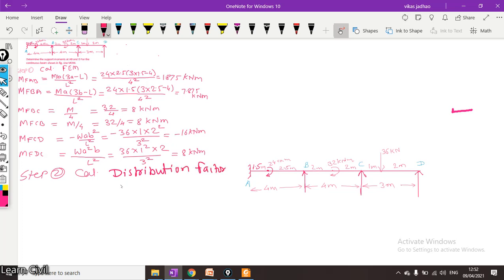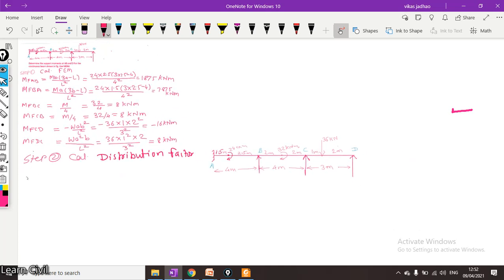To calculate the distribution factor, draw this table for joint, member, stiffness, then summation of stiffness, summation k, and last distribution factor.